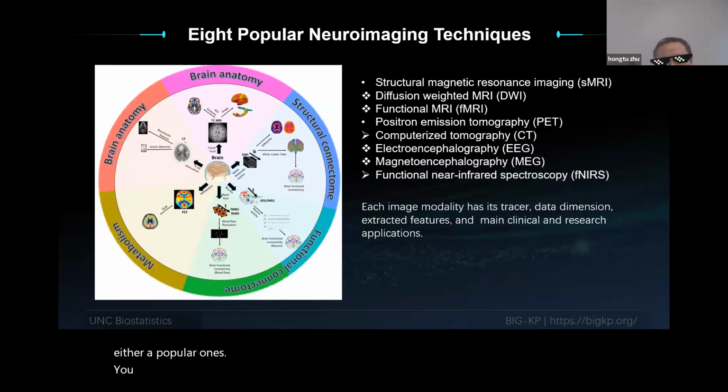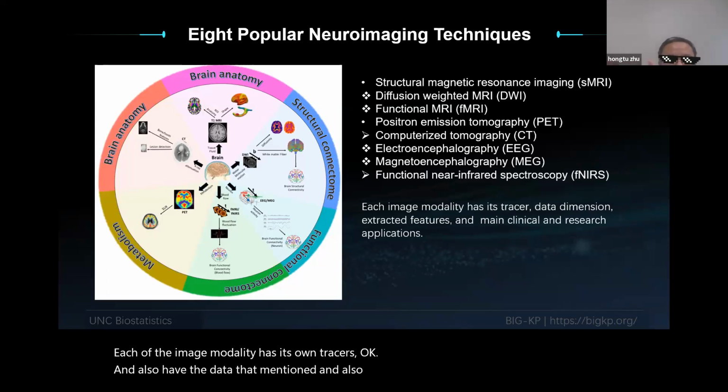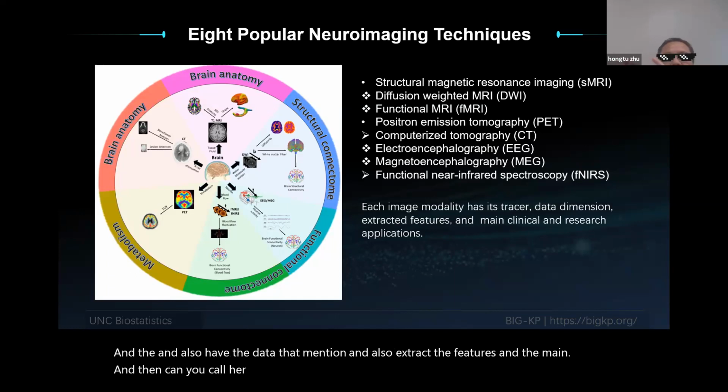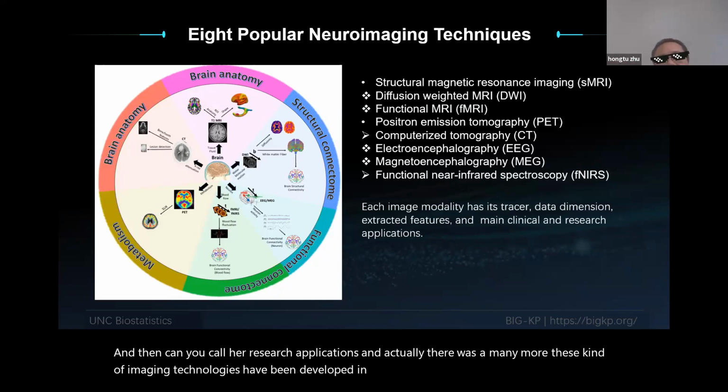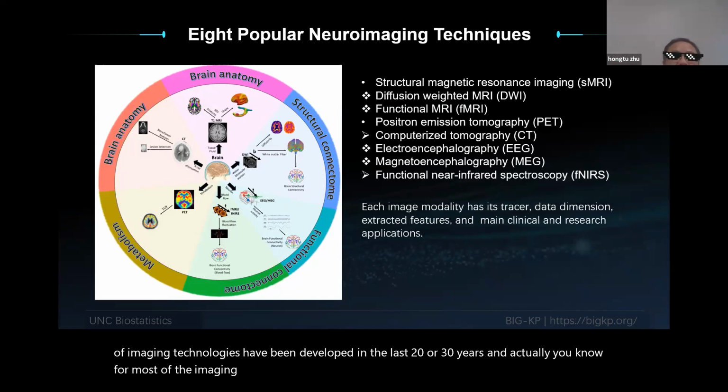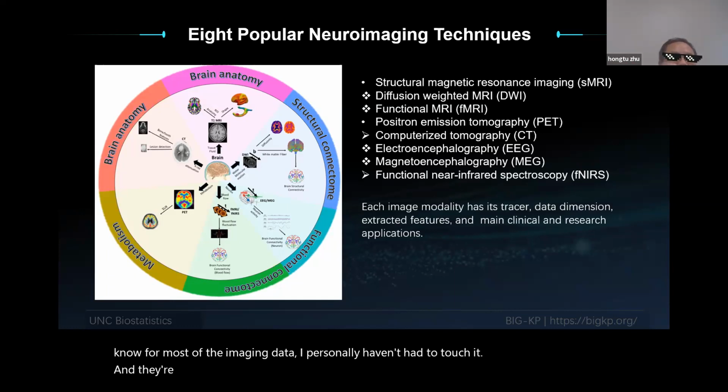Each imaging modality has its own tracers, its data dimension, the features you track, and its clinical and research applications. And there are many more imaging technologies that have been developed in the last 20 or even 30 years. For most of the imaging data, I personally haven't been able to touch it, but don't be afraid of analyzing this type of data.